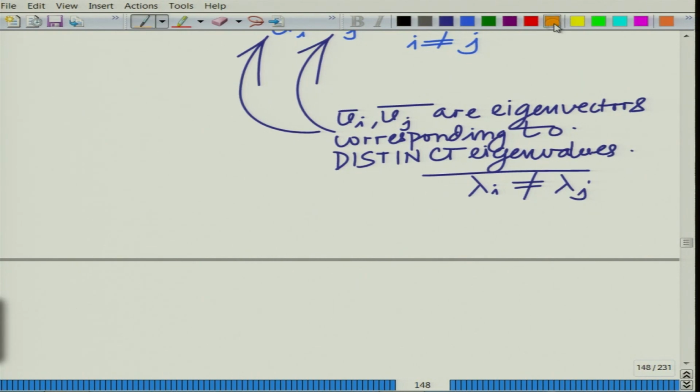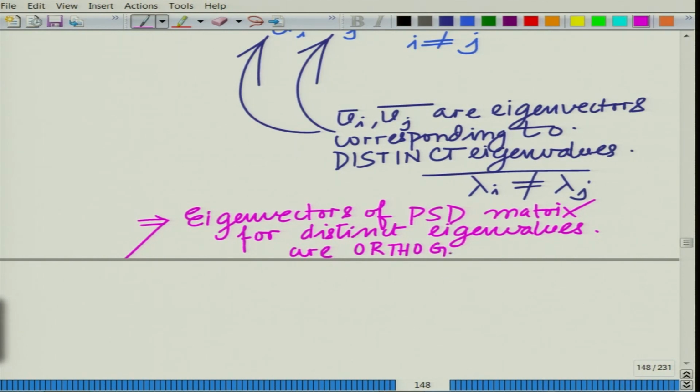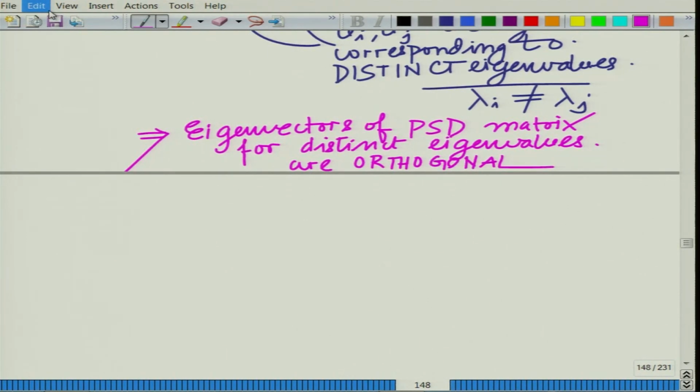So, the result is that the eigenvectors of a PSD matrix for distinct eigenvalues are orthogonal, that is ui bar Hermitian uj bar equal to 0 if lambda i is not equal to lambda j.